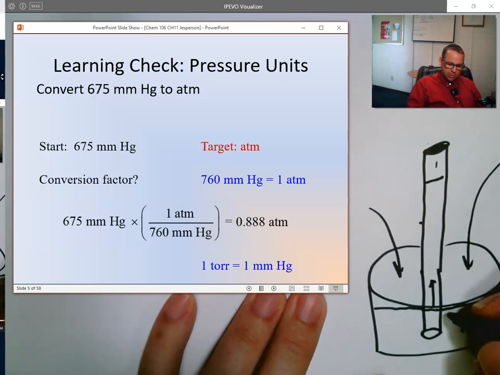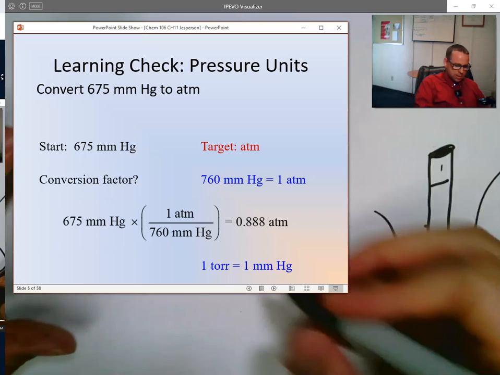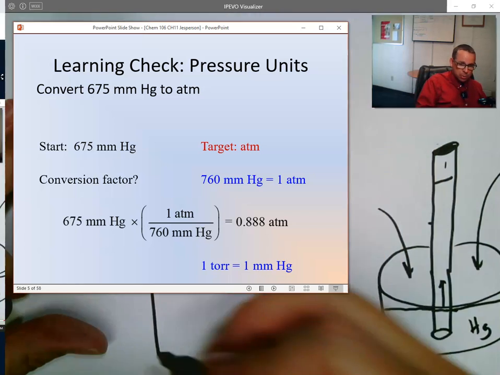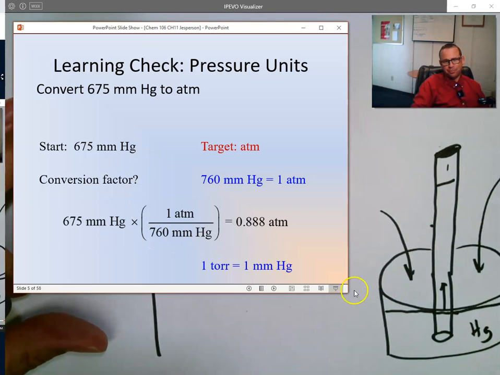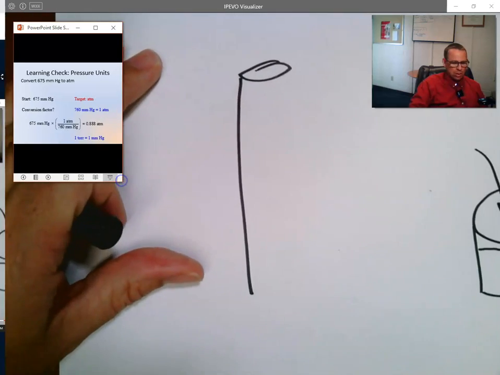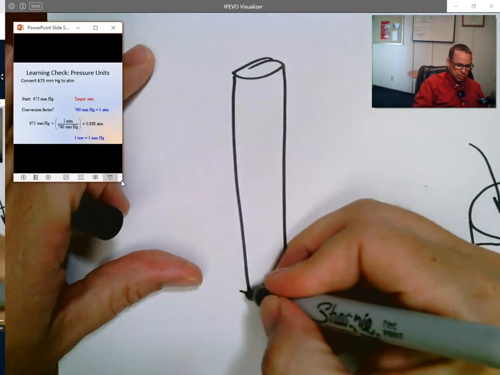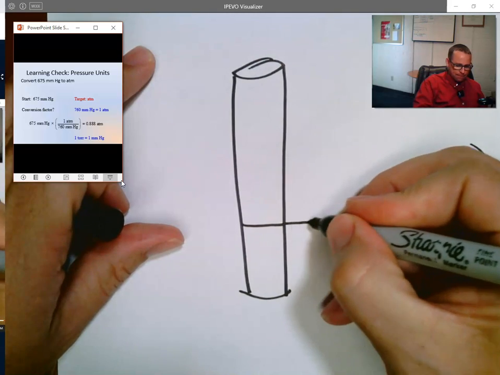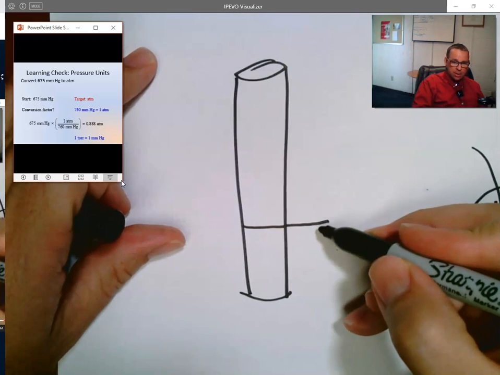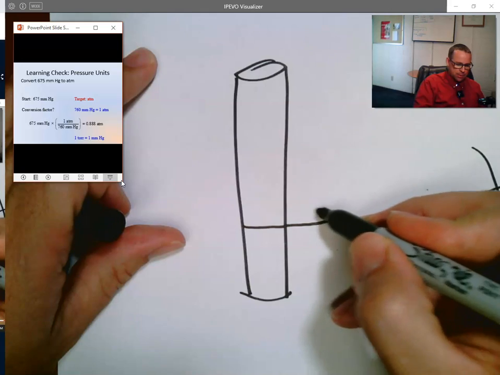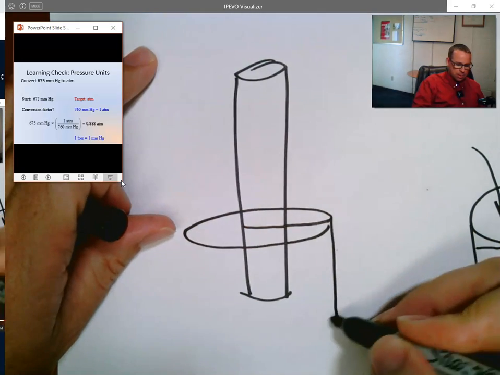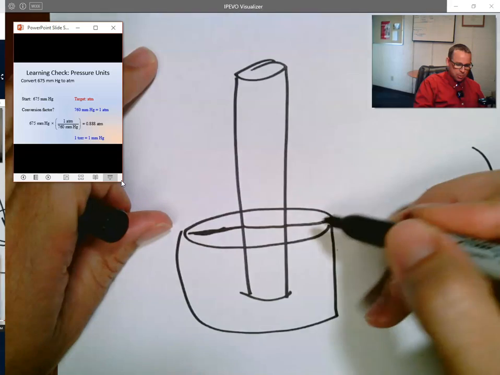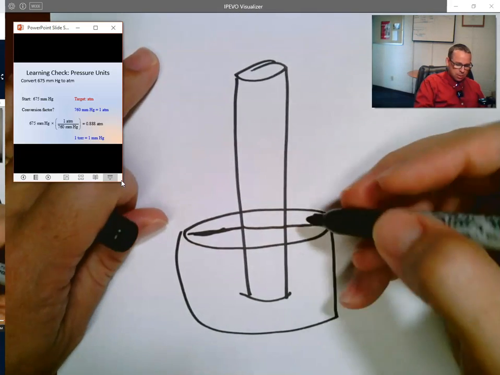And the resulting difference between, let's look at this up close now. If I have my column of mercury inside the tube and outside the tube, all right, so this is again a container here. It's filled to the top with mercury, so there's my level of mercury.